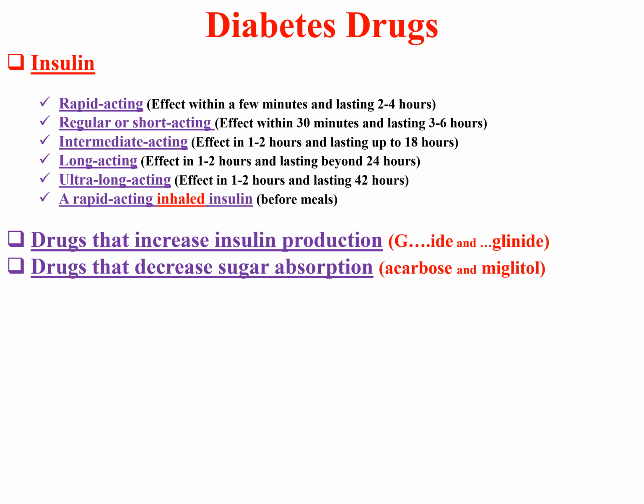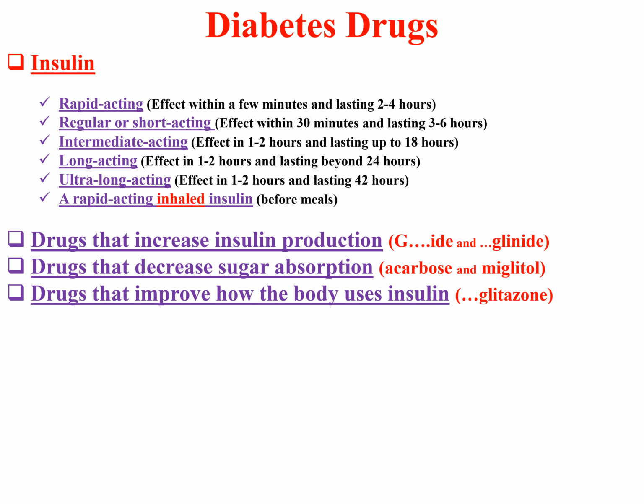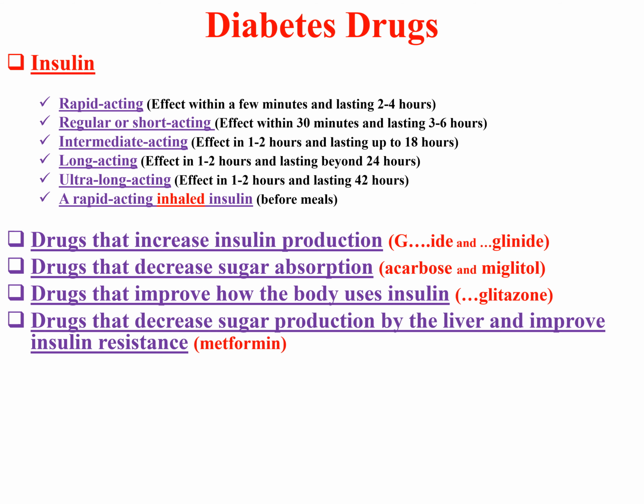We have also the drugs that will be decreasing the glucose absorption from the small intestine, and the drugs that will be improving how the body is going to use insulin.